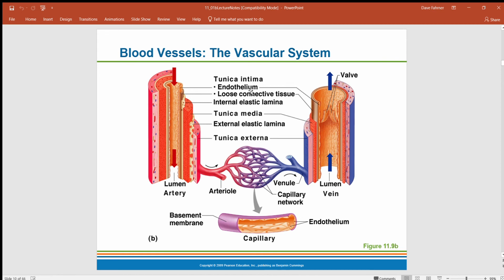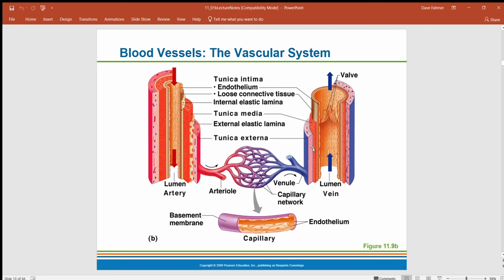The endothelium, like I said, is going to be a nice, smooth, very thin layer that covers and lines the inside. So we have epithelium on the outside, epithelium on the inside, and we have some connective tissue on either side of the smooth muscle layers. But as you can see, there are very small layers of each of those in the vein as opposed to the artery. The artery is going to be carrying blood under high pressure. The veins are going to be carrying blood under very low pressure.